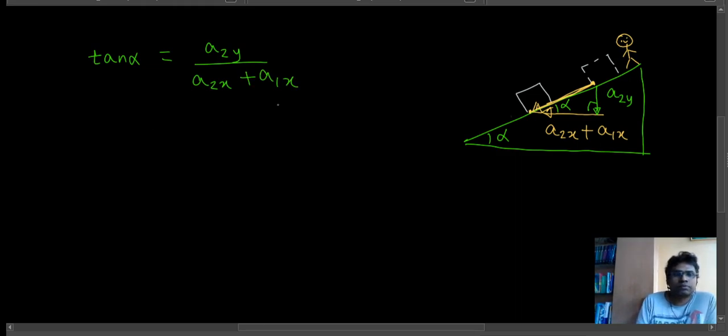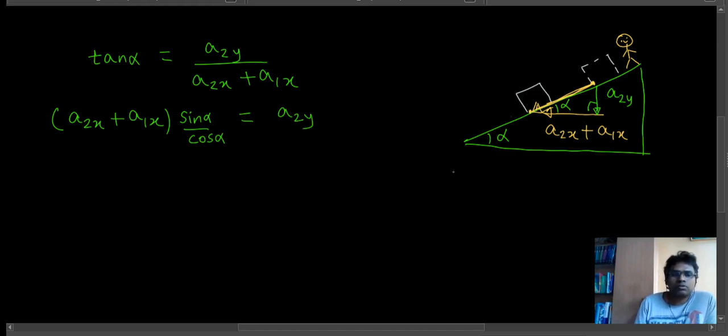Okay, so if you do the transpose, I get (a2x plus a1x) into, let's say we write this as sine alpha by cos alpha, is equal to a2y.